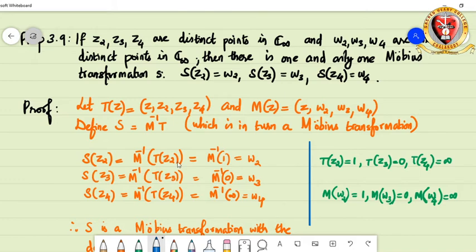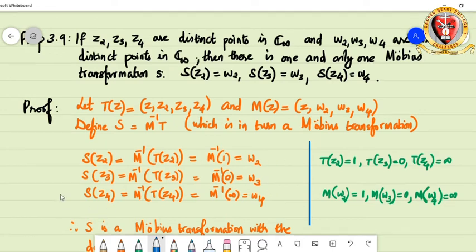So here, instead of T of set 2, we can replace it with 1. And also, since M is also a cross ratio, we know that M of W2 is equal to 1, M of W3 is equal to 0, M of W4 is equal to infinity. That means M inverse of 1 is nothing but W2. And the same kind of inference can be made for the other two: S of set 3 is equal to W3 and S of set 4 is equal to W4.